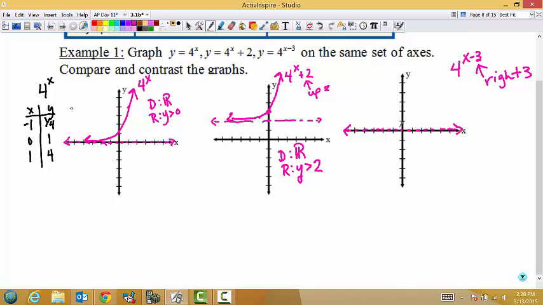My original point that was at 0, 1 is going to move over 3. The point that was at 1, 4 is going to move over 3. And there was one at negative 1, 1/4. It's going to move over 3. So it's going to look like that. The domain, all real numbers, the range, y greater than 0.